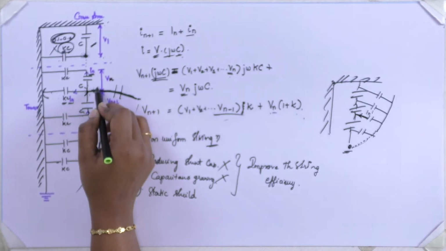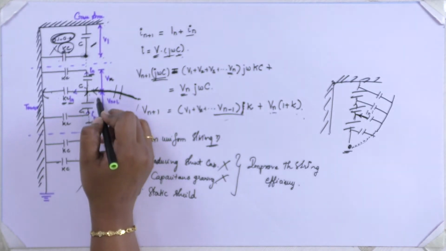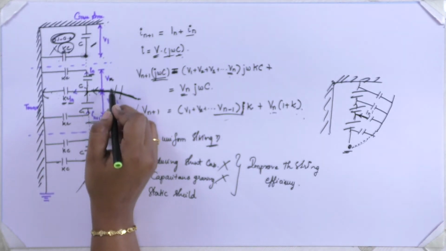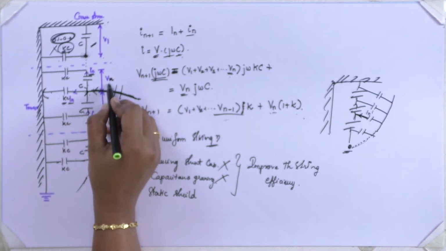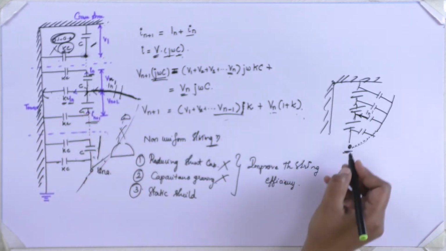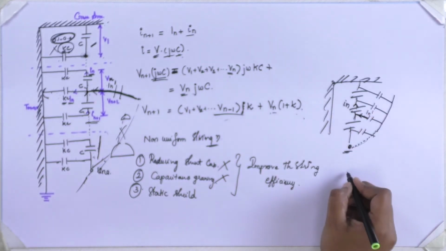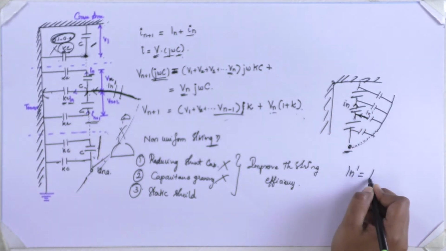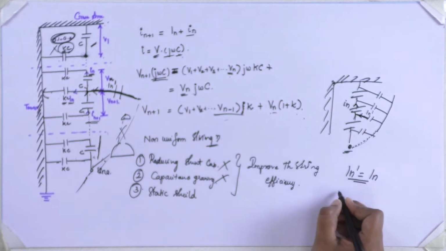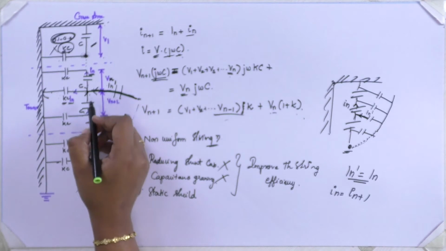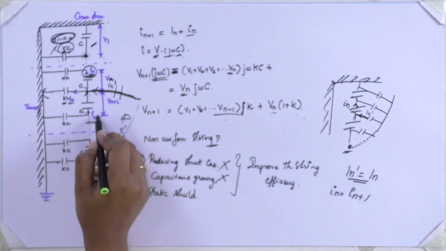Now the current from this capacitance will be in this direction. If I_N dash is equal to I_N, then I_N is equal to I_N plus 1.